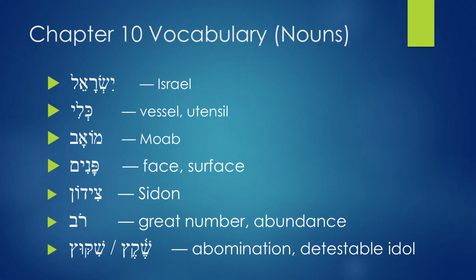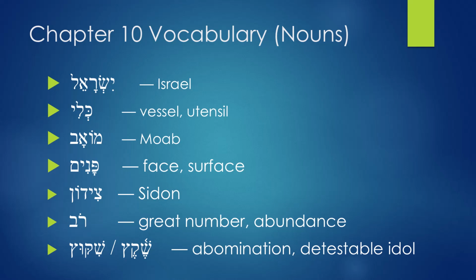Yisrael means Israel. Next we have Keli. Keli means vessel. It means utensil or vessel. Next we have Moab. Moab means Moab.